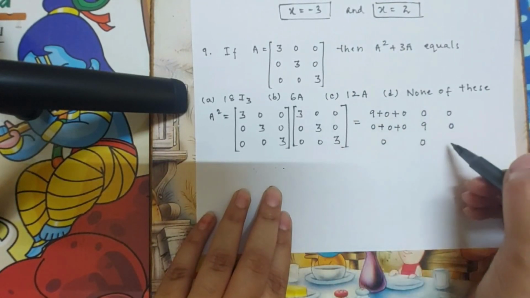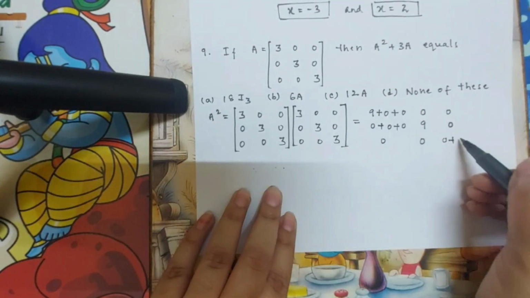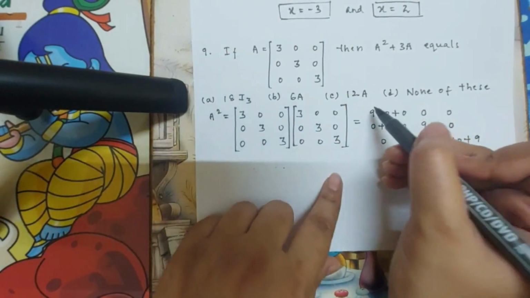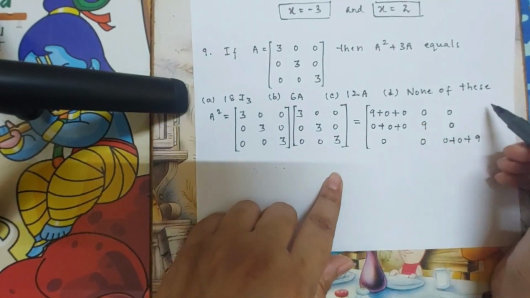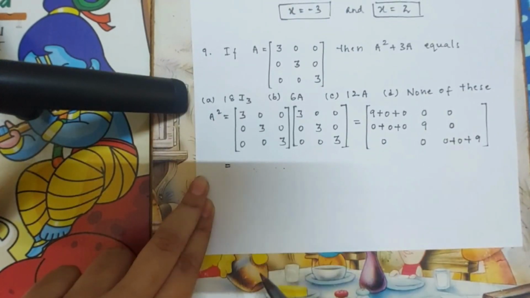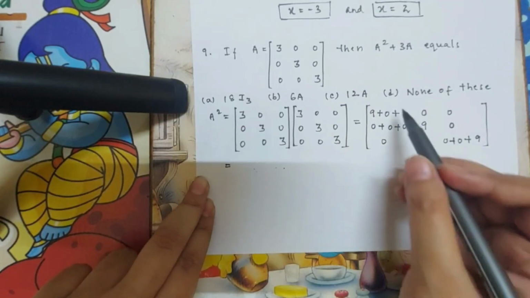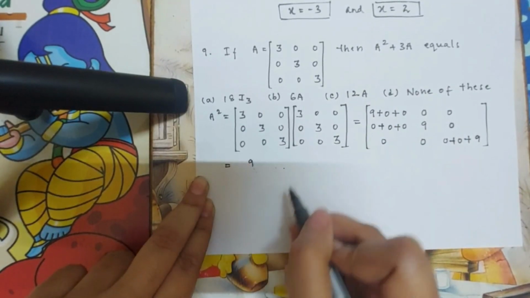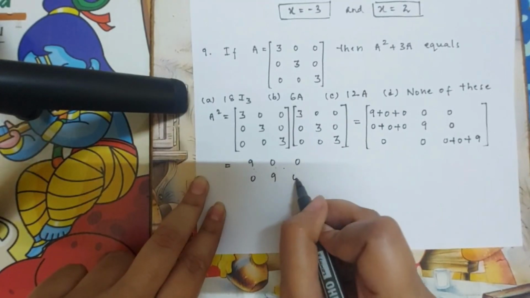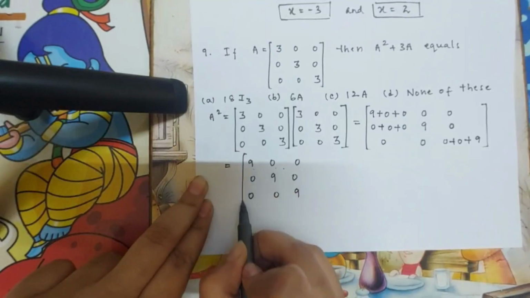So 0 into 0, 0 plus 0 into 0 plus 3 threes are 9. So from here we got A squared as [9, 0, 0; 0, 9, 0; 0, 0, 9].